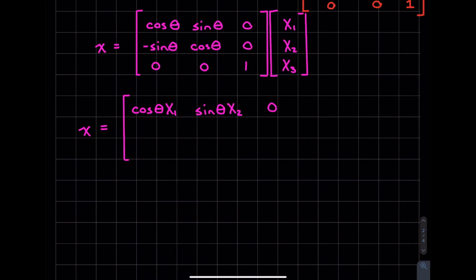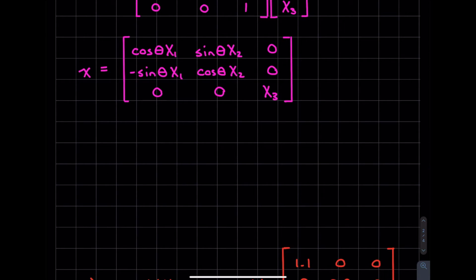I come down, I do the exact same thing: negative sine of theta x1 plus cosine of theta x2, and then 0, 0, and the last entry will be 1 times x3, which is just x3. So in case you guys are wondering what the position function actually is, we can do this simple multiplication to figure it out. And then from here, we can take the partial derivatives of each one to find F.